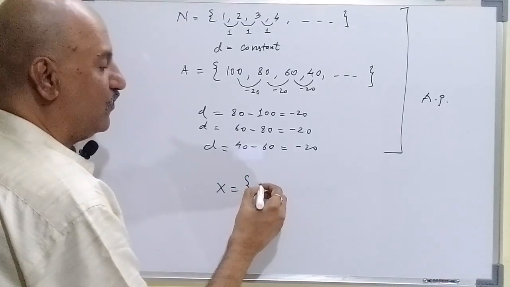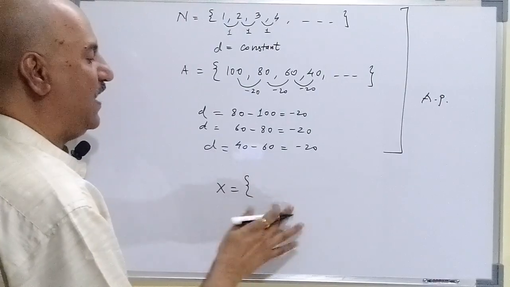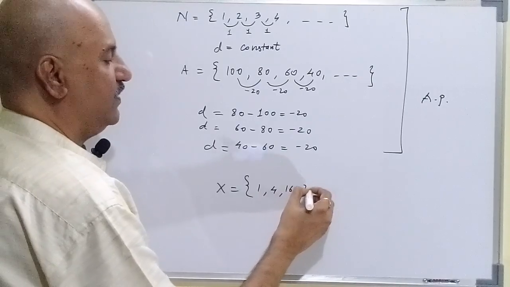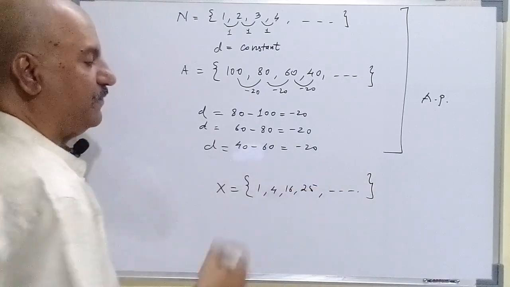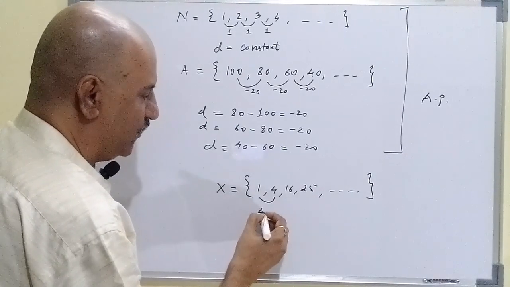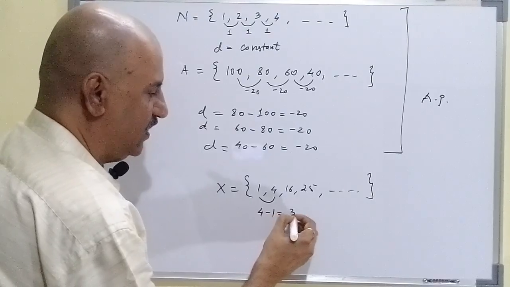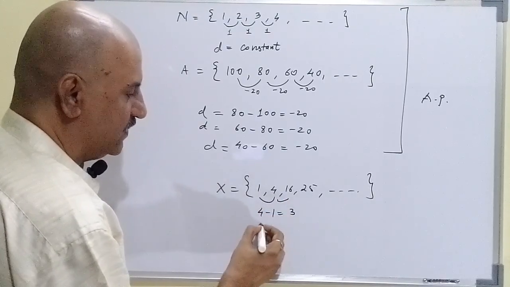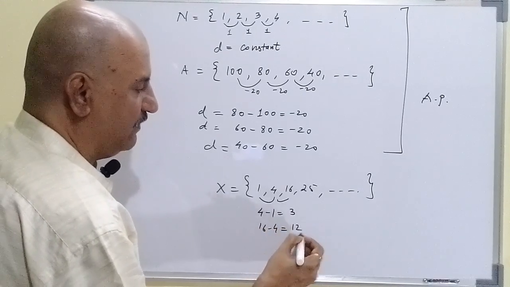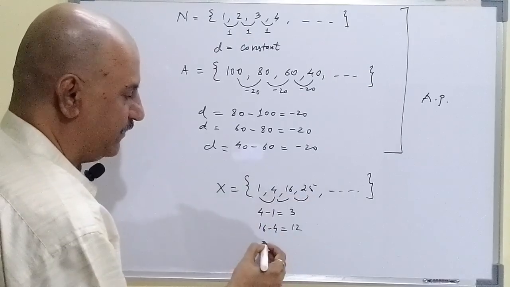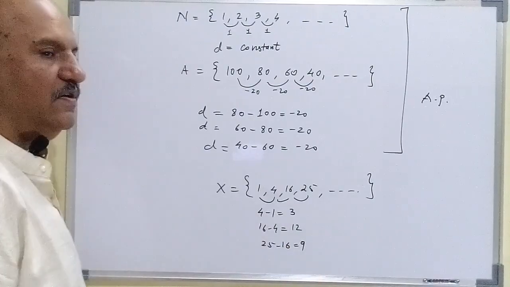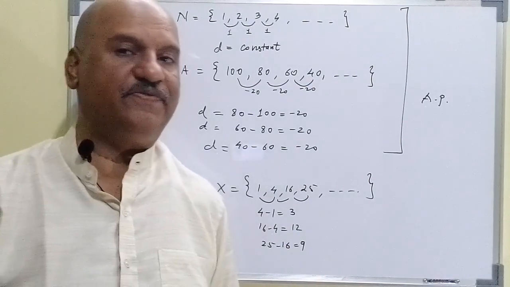I give you 1, 4, 9, 16, 25, and so on. Please see the common difference between them. 4 minus 1 is 3. The next, 9 minus 4, is 5. Then 16 minus 9 is 7.